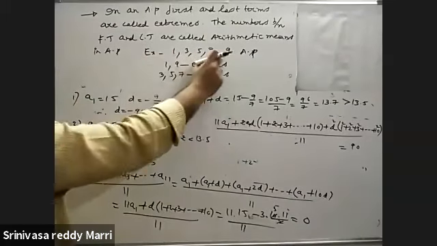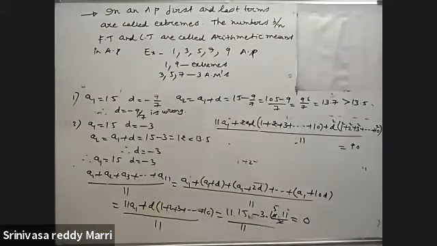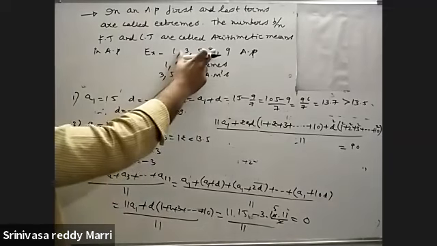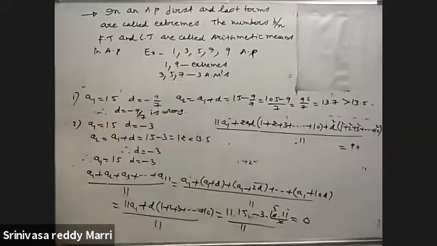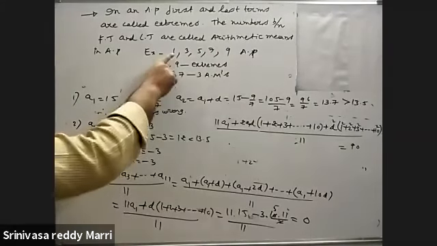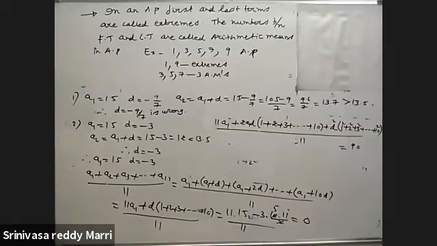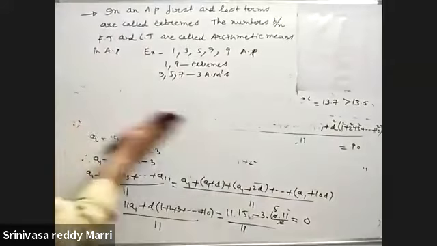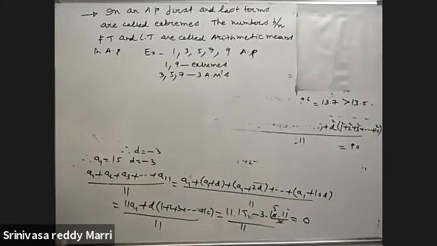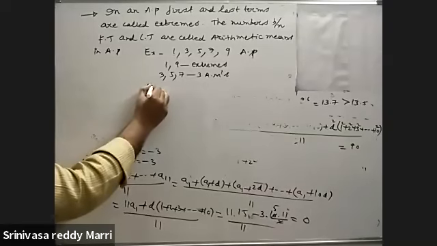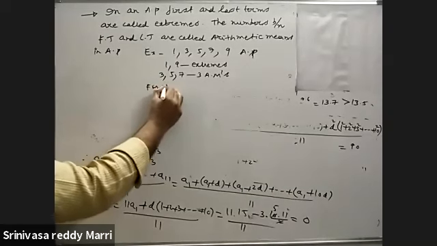Between the first term and the last term, whatever the numbers are there, they are called arithmetic means in AP. So what is the first arithmetic mean? The first arithmetic mean is 3. We'll name those.